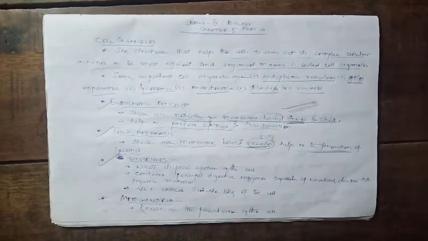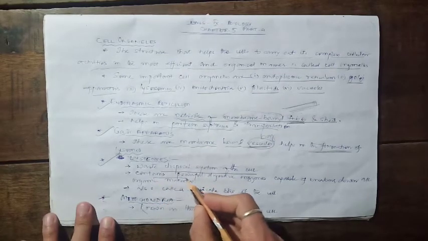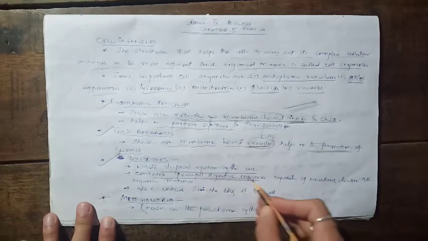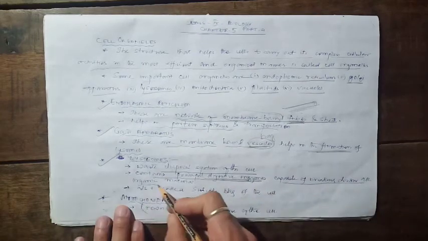Now students, let's move on to the lysosomes. What are lysosomes? Students, lysosomes are the waste disposal systems of the cell. Inside the cell, because of all its important activities, wastes are generated. All those wastes are dumped into a system, or we can say this is the dustbin of the cell. So all the waste generated is dumped into this disposal system, that's the lysosomes. That's one important function. It contains powerful digestive enzymes. Students, lysosomes have very powerful digestive enzymes capable of breaking down all organic material.